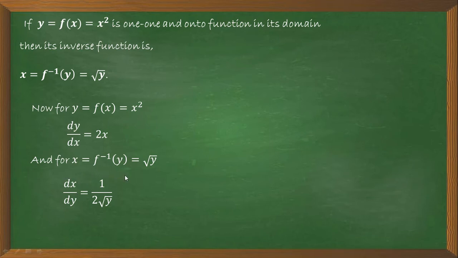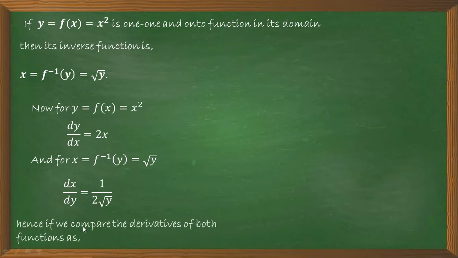Now we will find the relation between them. If we compare the derivatives of both functions, the original function and its inverse function, how will you compare that? We have dx by dy is equal to 1 upon 2 root y. Now see the further step.